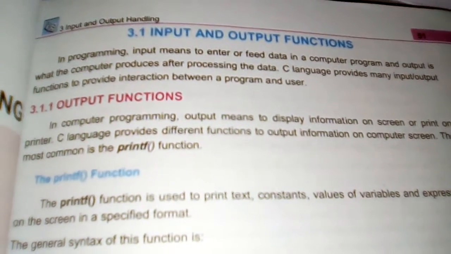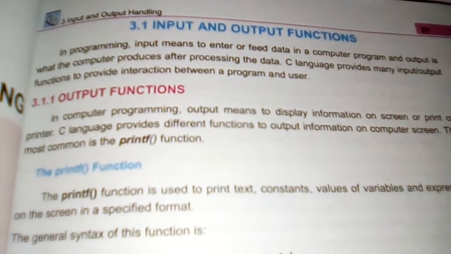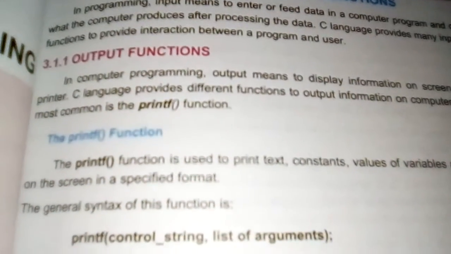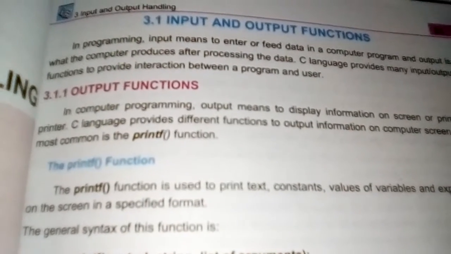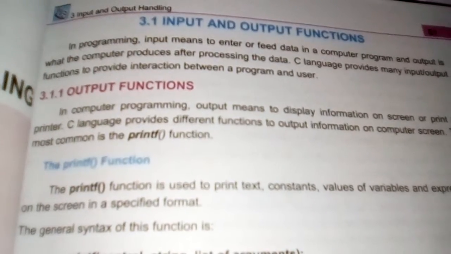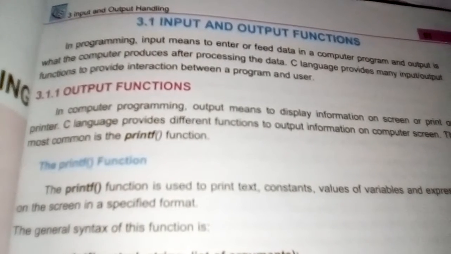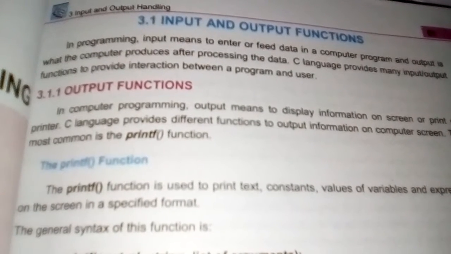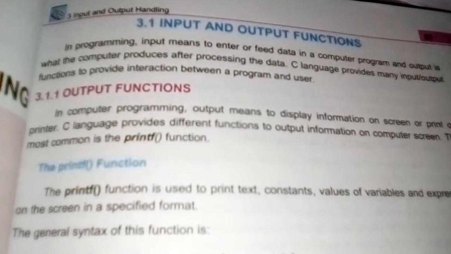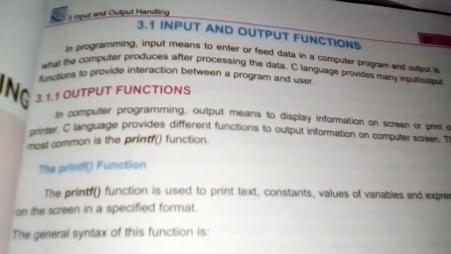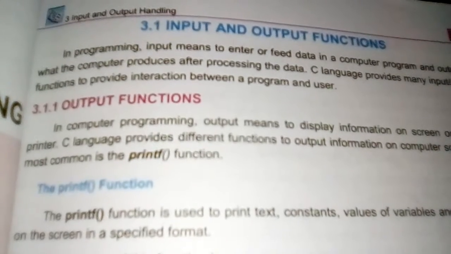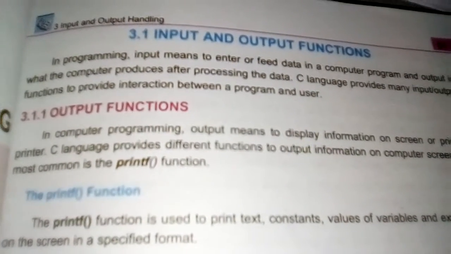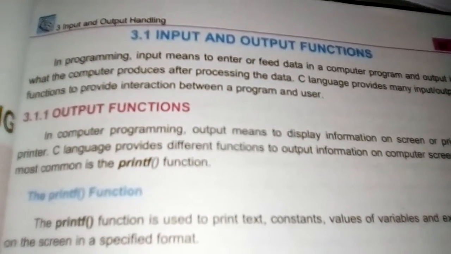In the previous lecture we discussed input and output functions. The output function is the printf function, and the input function is the scanf function. The output function is used to print text, constants, and values. The scanf function is used to get values into the variables during the execution of the program.